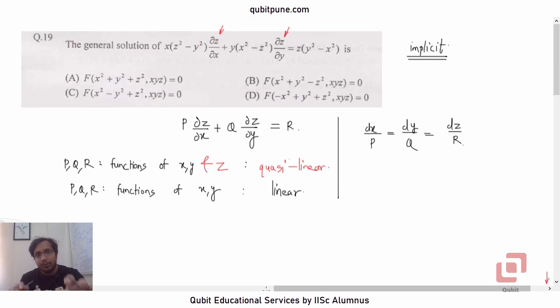So it can be proved that the solutions to this partial differential equation are actually solutions of these symmetric ordinary differential equations: dx by p equal to dy by q equal to dz by r.